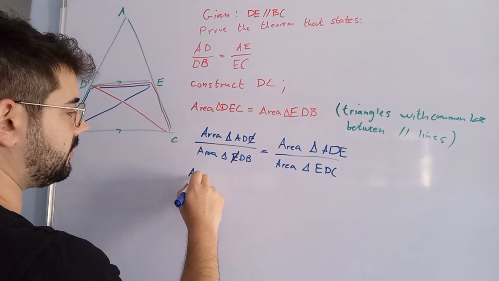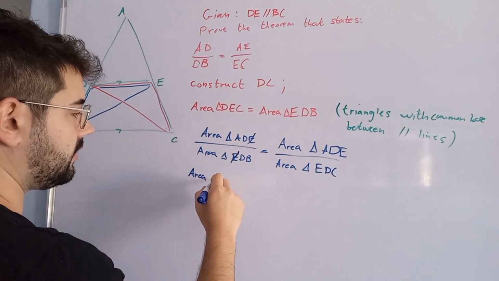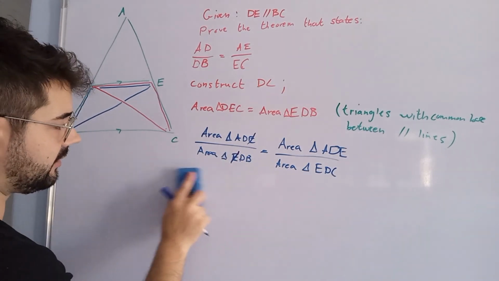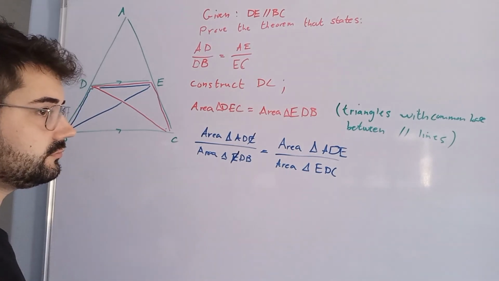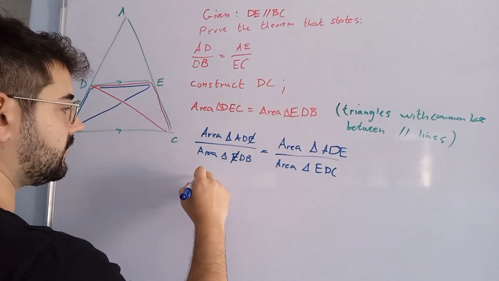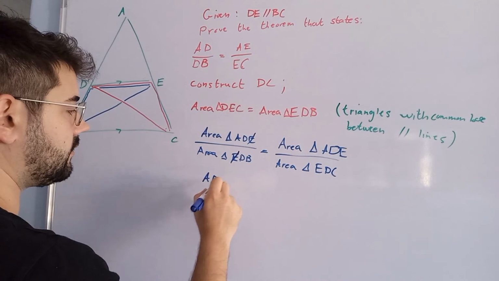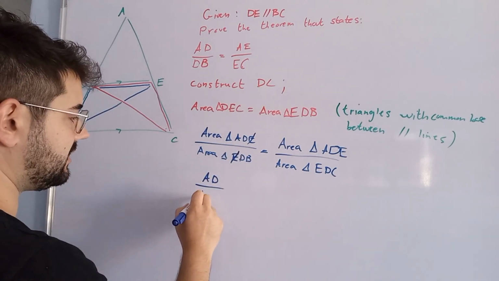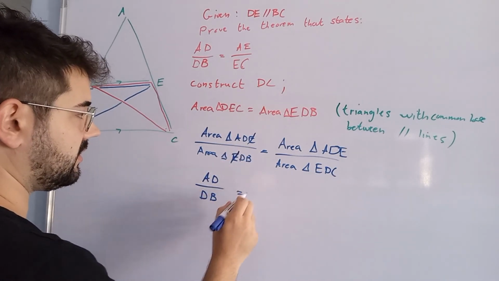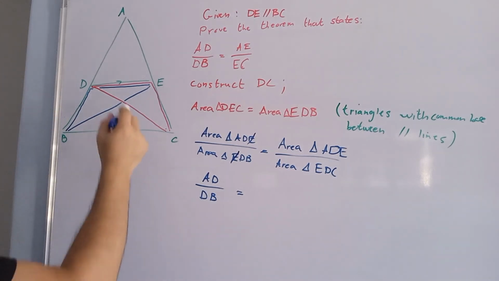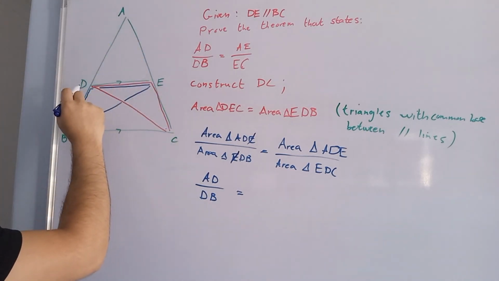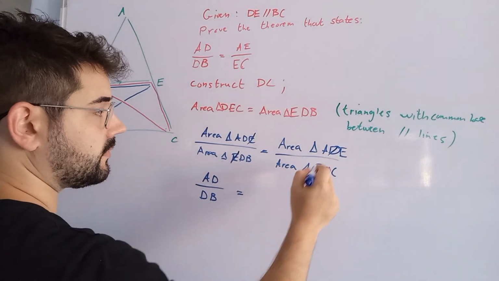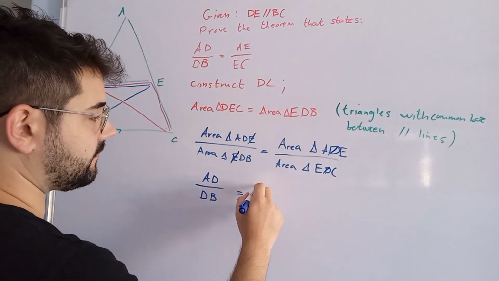And so, we can actually leave out the area now, this tells us AD over DB is equal to, and over here for these two, the common vertex is D, so that's AE over EC.